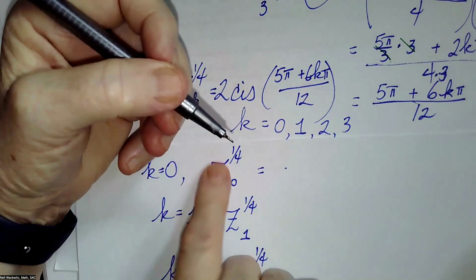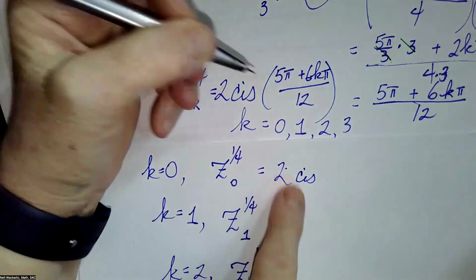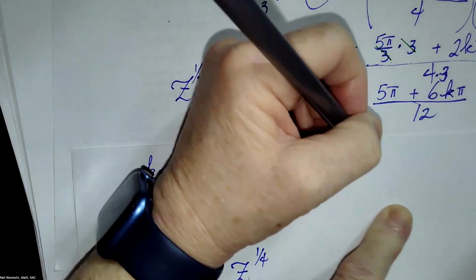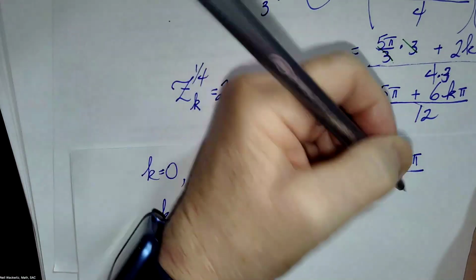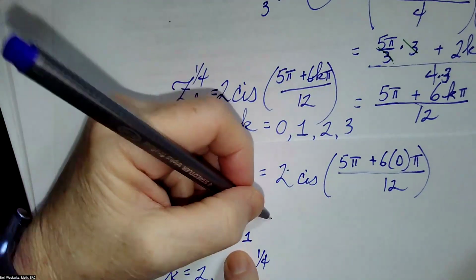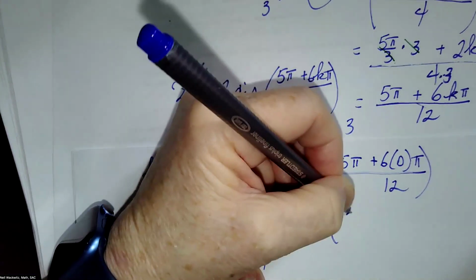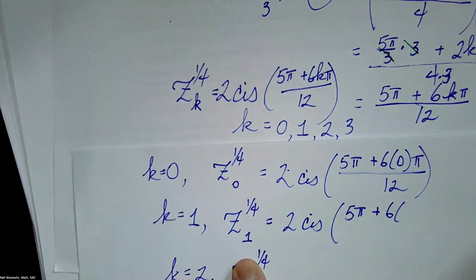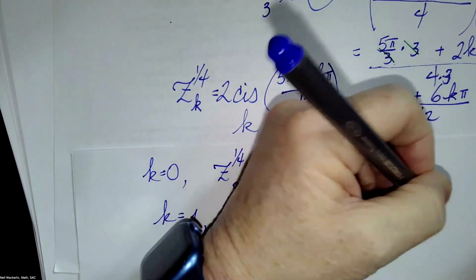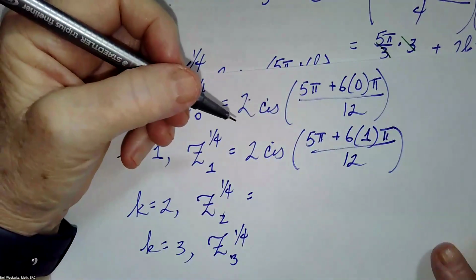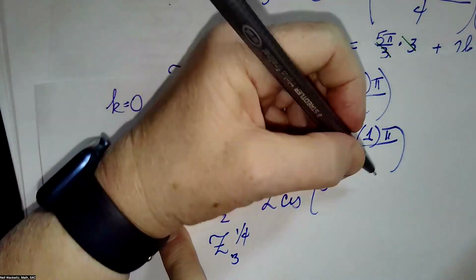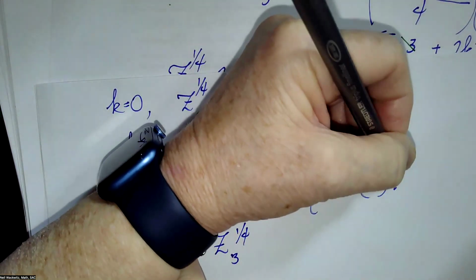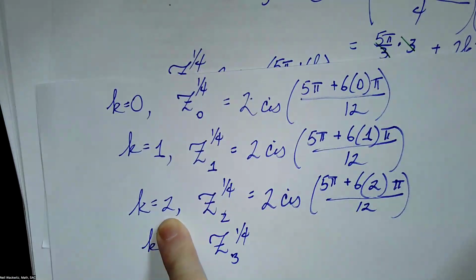So we've got 2 cis (5 pi plus 6 times 0) pi over 12. 2 cis (5 pi plus 6 times), here k is 1, so 6 times 1 times pi over 12. 2 cis 5 pi, now k is 2, so 6 times 2 pi over 12.